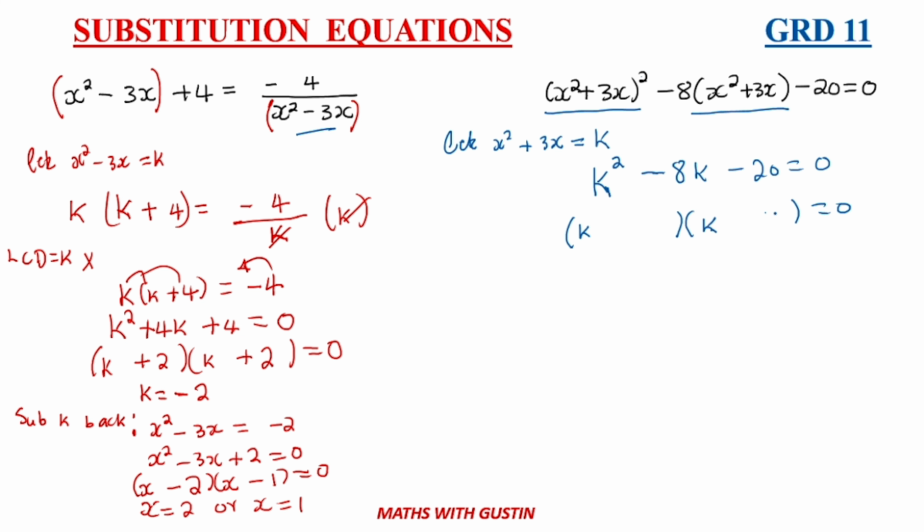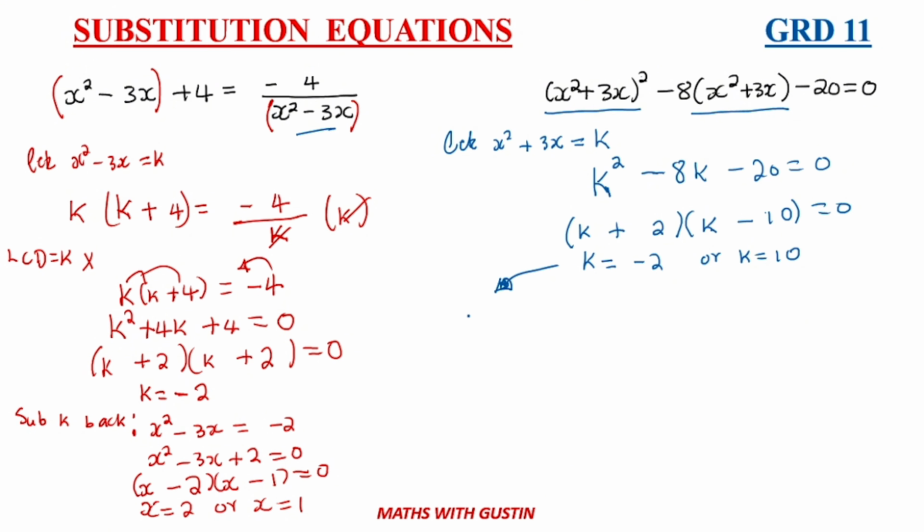It is going to be 10 times 2, and when we add them together, they must give us 8. So negative, then plus there. So k is going to be equal to -2, or k is going to be equal to +10.